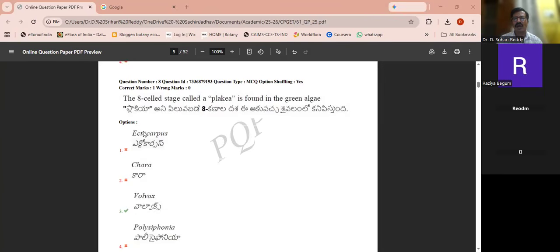The options they have given are Ectocarpus, Chara, Volvox, Polysiphonia. So we see the correct answer is Volvox. In Volvox, in the asexual reproduction, the first stage, a single cell, undergoes division and forms a 2-cell, 4-cell stage, and it forms an 8-cell stage. That is called plakea.